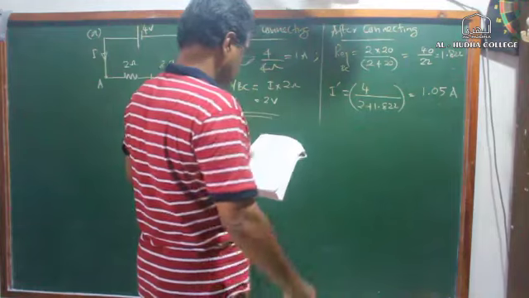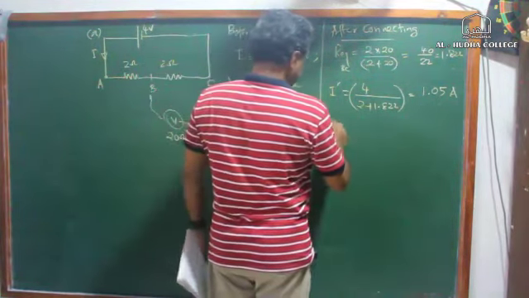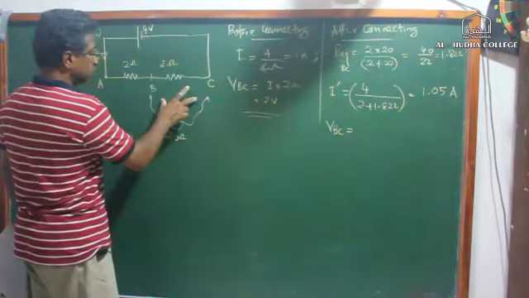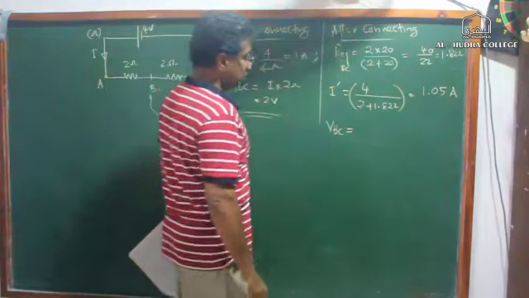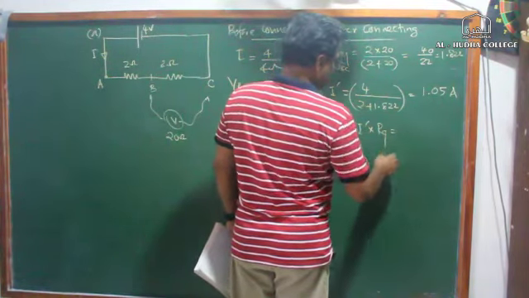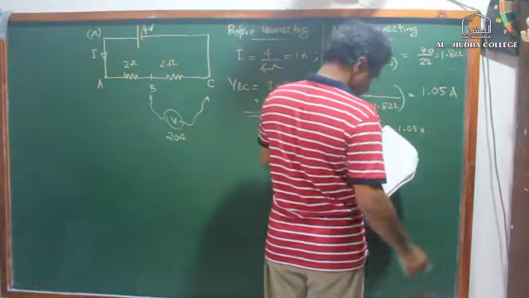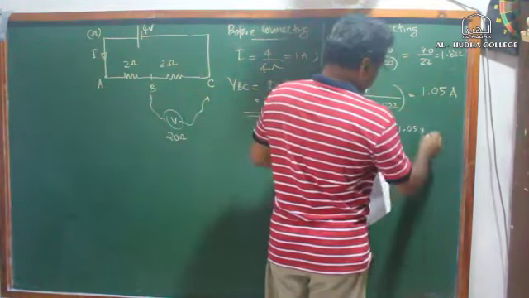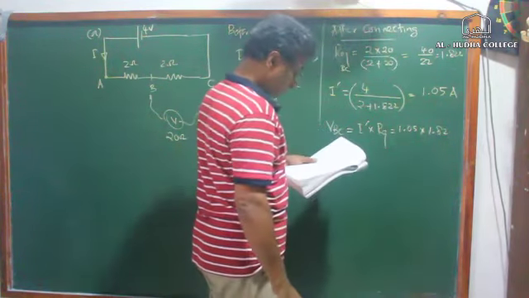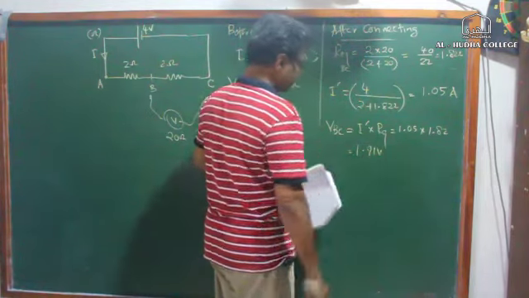Okay. Now we can find the voltmeter reading. So what is the VBC now? VBC is the voltage that is measured by the voltmeter. So VBC is I dash into R equivalent. I dash is 1.05 into R equivalent 1.82. So this comes to 1.91 volts.